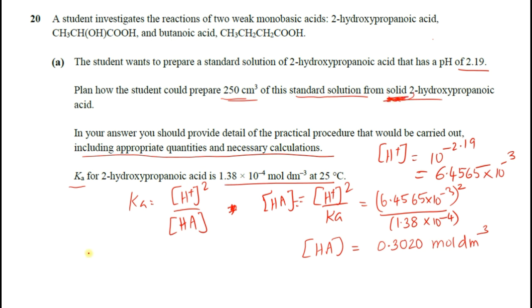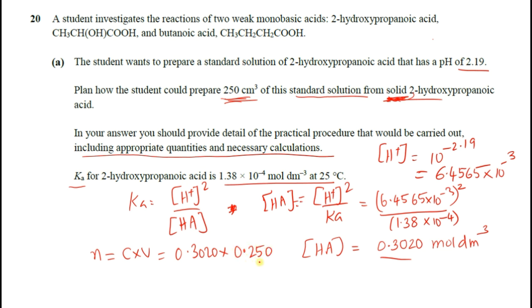So the way to do that is to find the moles you're going to need for 250 cm³, right? You know n equals C times V. We know the concentration that we want, 0.3020, and then the volume is 250 cm³.